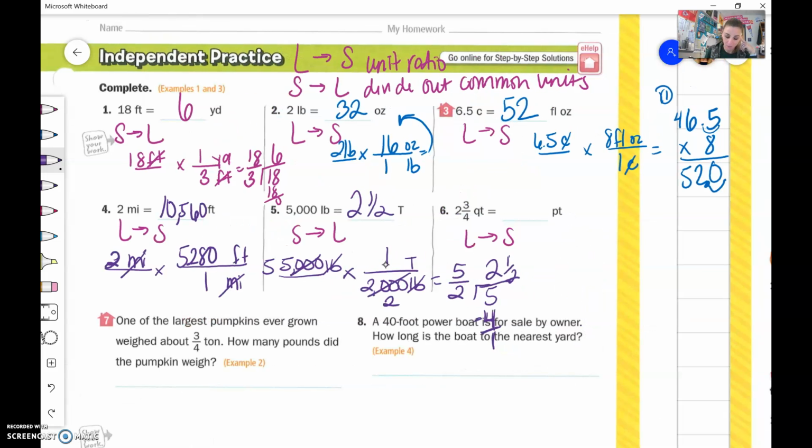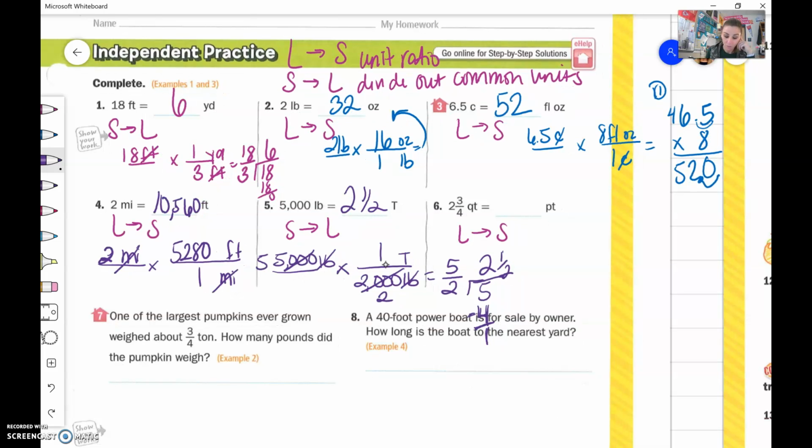And the last one that we're going to do. We're going from quarts to pints, so we're going from larger to smaller. So we need to know how many pints are in a quart. There are 2 pints in 1 quart. Oh wait, let's change this into an improper fraction first. So check mark method, you're going to get 11 over 4 quarts times 2 pints over 1 quart.